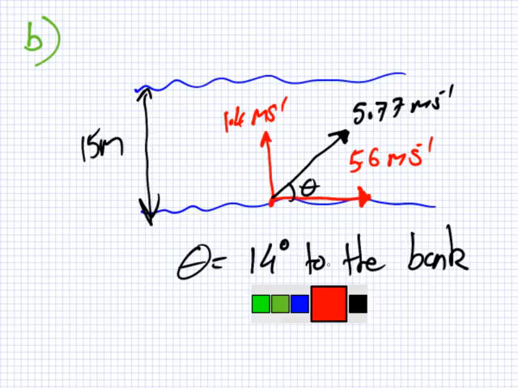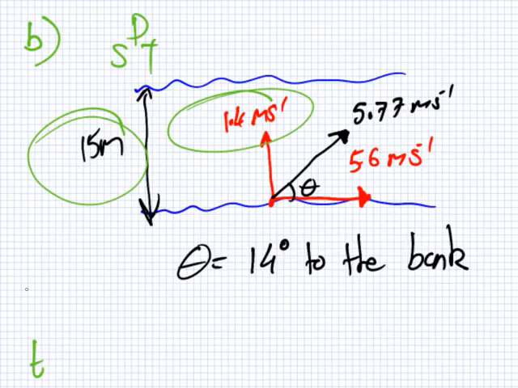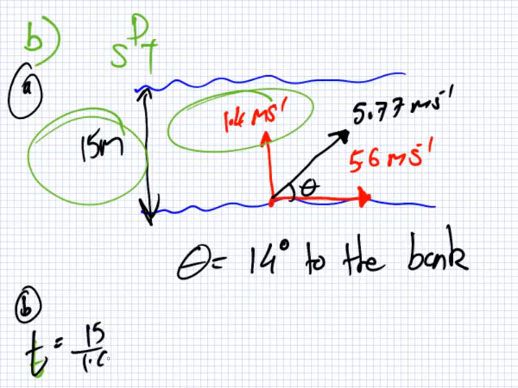He travels vertically at 1.4 meters per second, true? Vertically, how far does he have to travel? 15. Distance, speed, time means he will be traveling for 15 over 1.4 seconds. So how long will he be traveling for? 10.7 seconds. Now, how fast is he traveling diagonally?